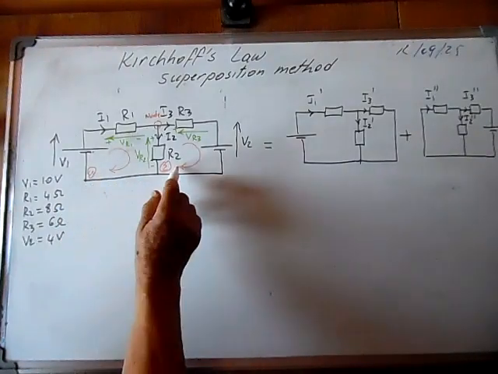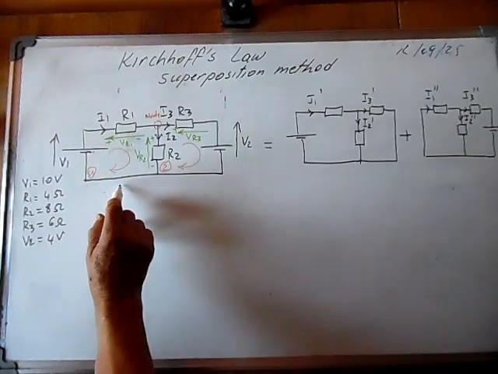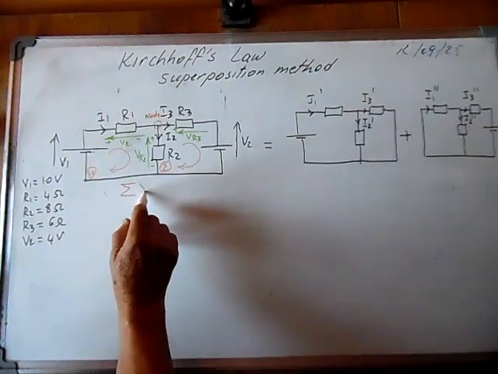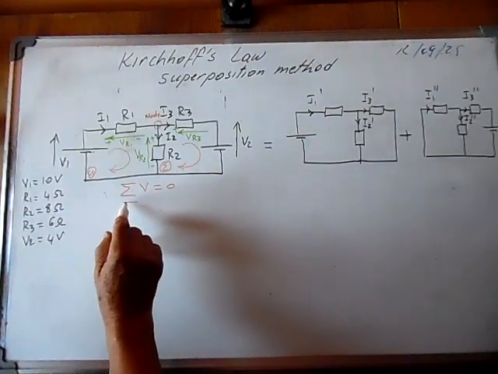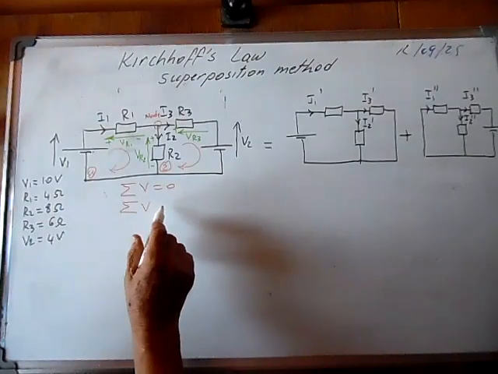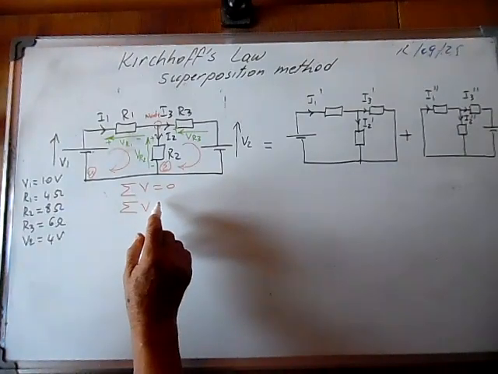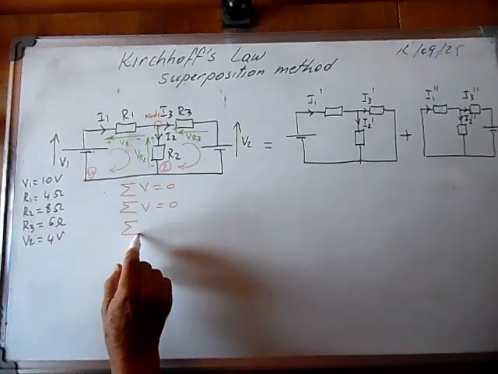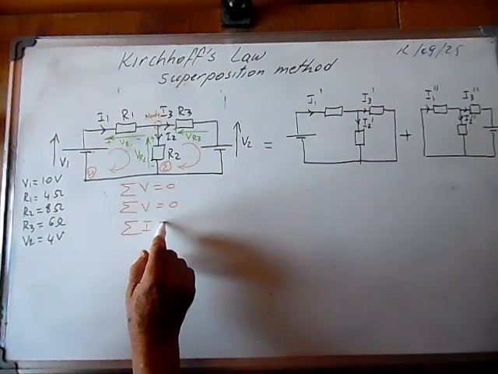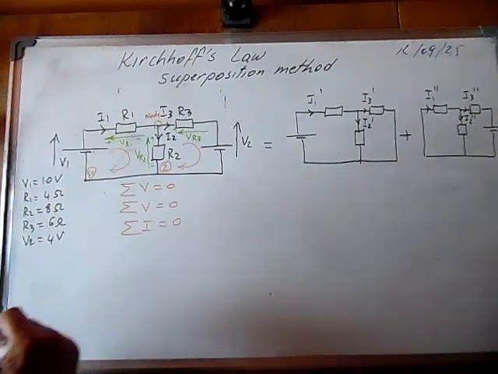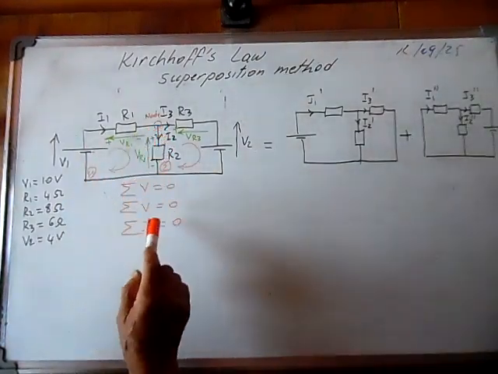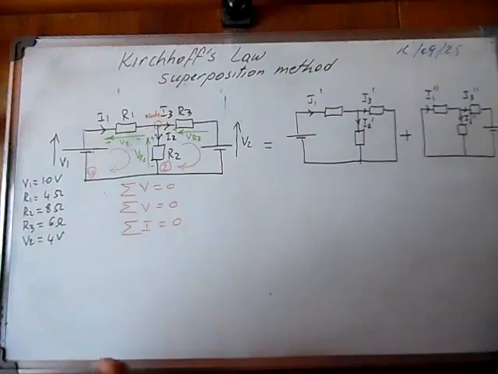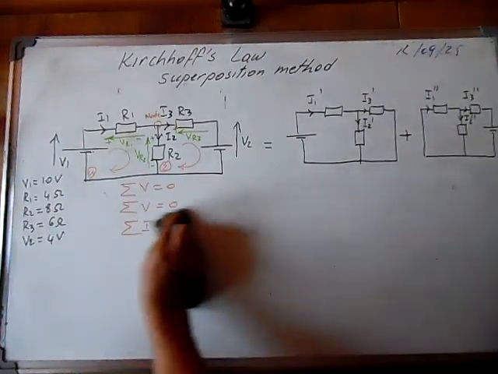First equation here, sum of voltages should be 0. Second loop we will write the algebraic sum of the voltages is 0, and here we will write the algebraic sum of currents is 0. So it means the currents entering a node should be equal to the sum of the currents leaving the node.